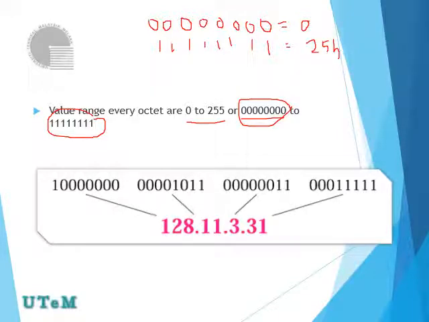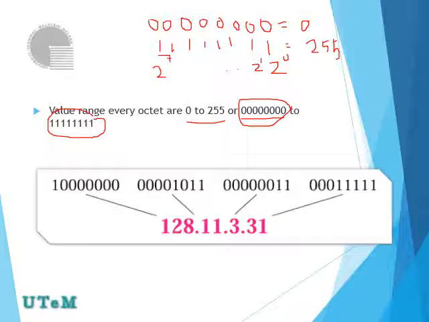And how do we get 255? You need to know the operation. This is 2 to the power of 0, this is 2 to the power of 1, until 2 to the power of 7.